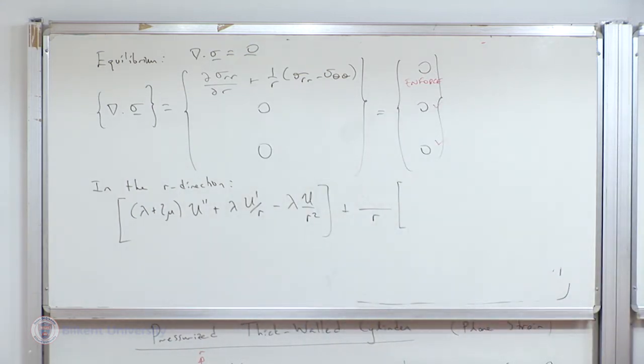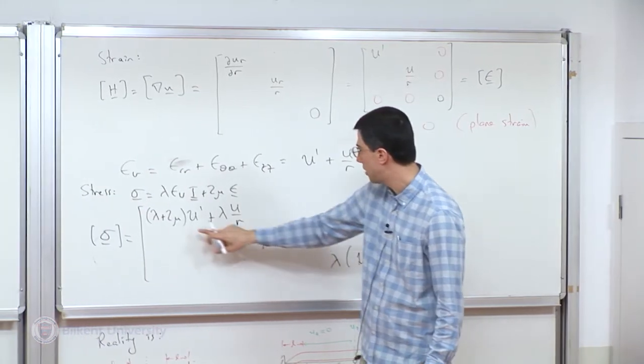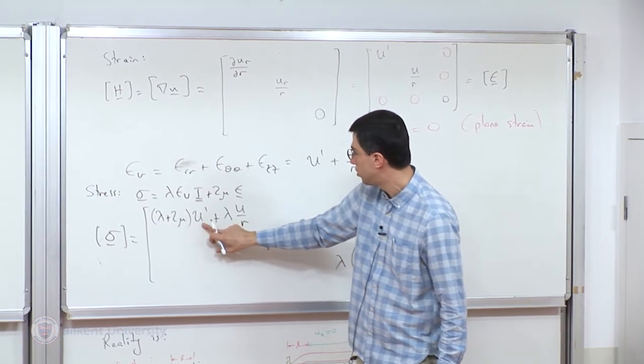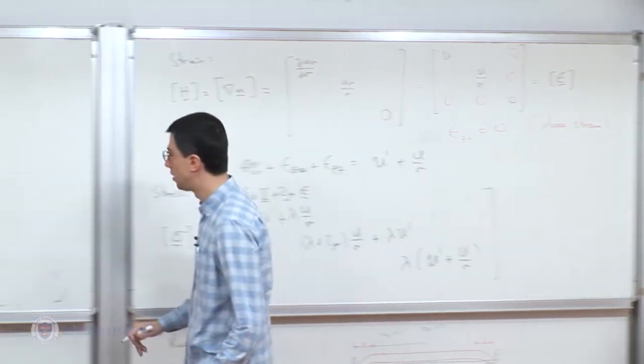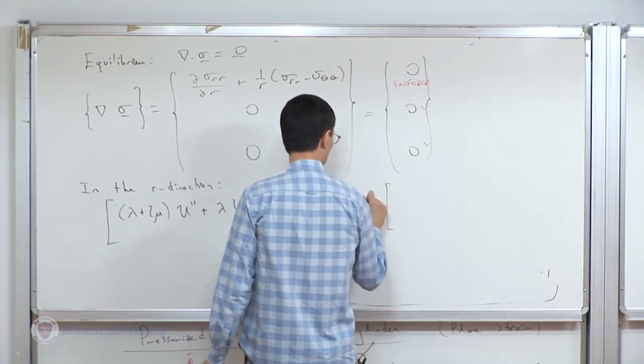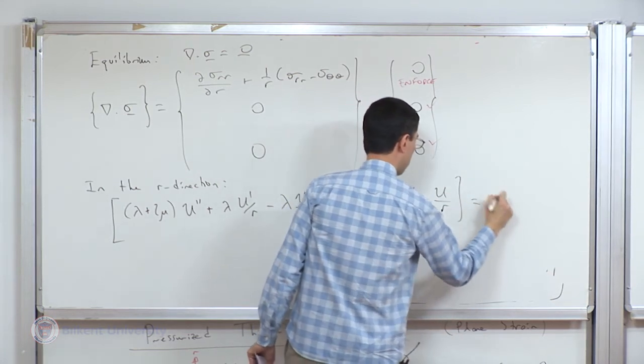When I do rr minus theta theta, the lambda u prime terms will cancel, the lambda u over r terms cancel, so I only have 2 mu multiplying u prime minus u over r. So I'll write that 2 mu over here, u prime minus u over r is what I have left.